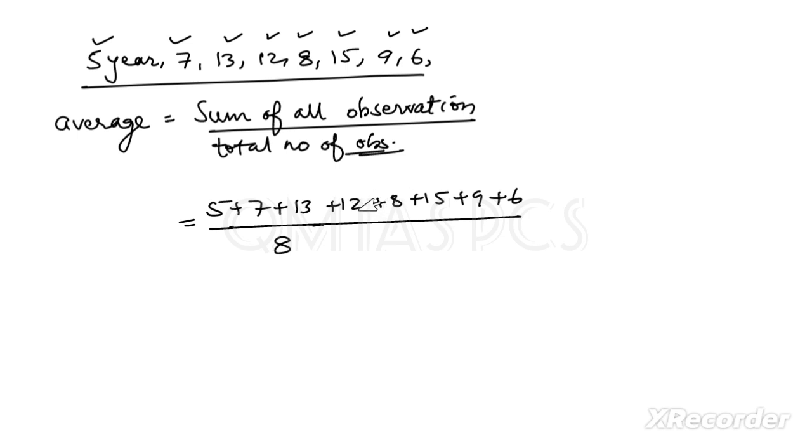I'm adding like this: 12 plus 8 is 20, and 15 plus 15 is 30, 30 plus 20 is 50, and this 20 makes 70, and this 5 makes 75 by 8. So the average will be 75 by 8.